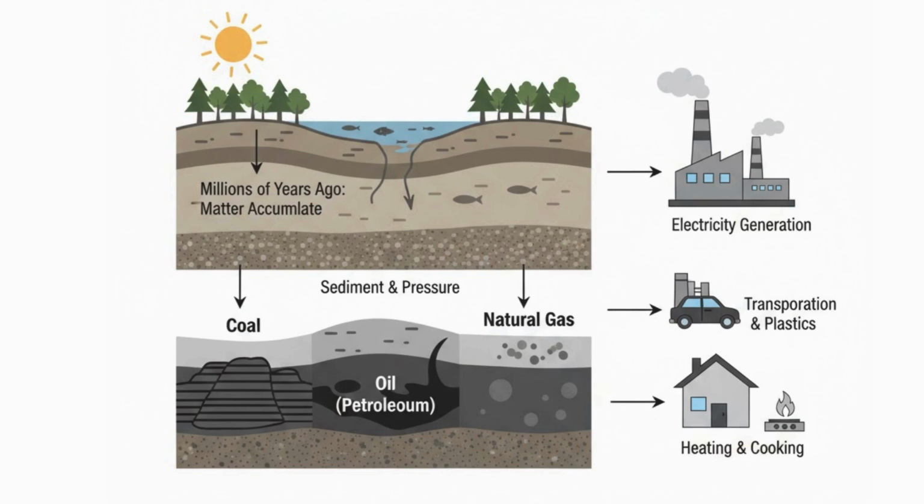Oil and gas can move through porous rocks until they get trapped under non-porous rock layers. These traps form reservoirs which humans can later drill to extract the fuels. So this is the general example of fossil fuels, a non-renewable energy source.